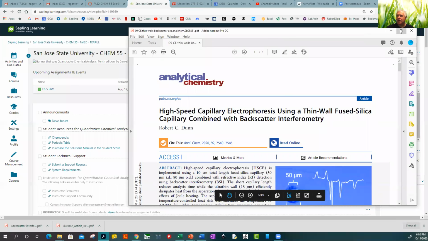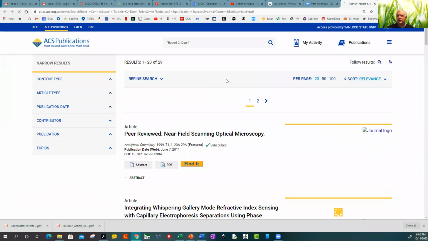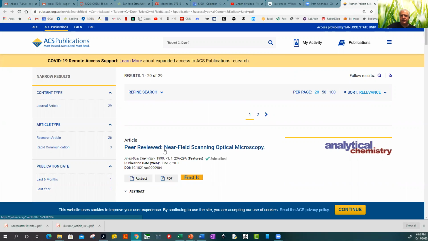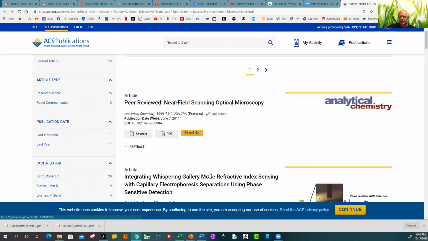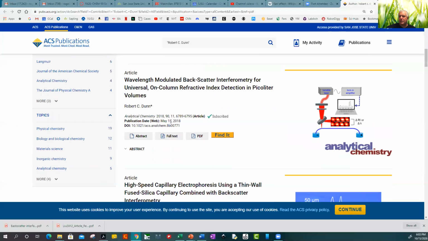Here's our backscatter interferometry paper, right? Turns out this guy, Robert Dunn, is from Kansas, and he's just publishing these papers all by himself. I guess he has a student working with him there.